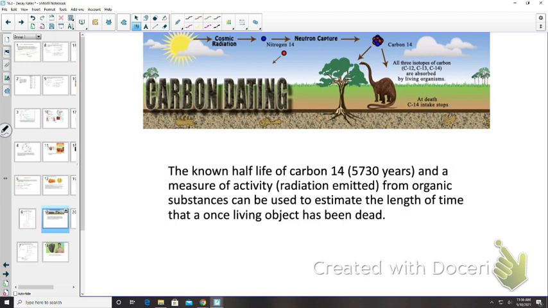This can be used to determine the age of a living object or a dead object. So if you were to find a sample, maybe a dinosaur fossil, you can measure the amount of carbon-14 that it has today, and based on the known half-life decay of carbon-14 and how much carbon-14 is present, you can estimate the age of that sample.